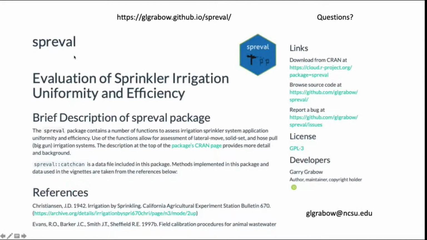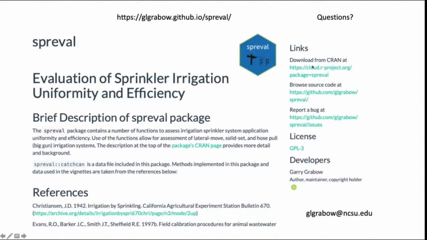And if you're a user of R, it may be more for the university types. R is freeware. It's statistics and many other things, graphing and a whole array of things you can do with it. I wrote a package for that called SPREVAL, or Sprinkler Evaluation.